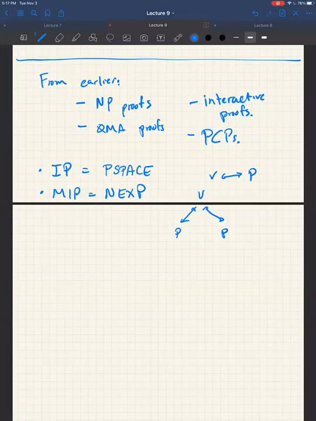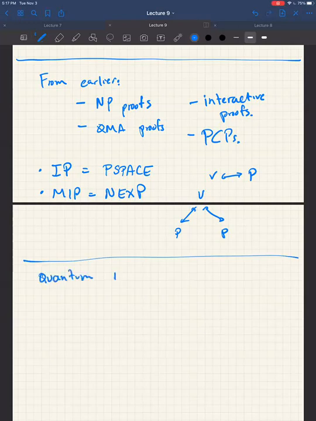Then in 2004, computer scientists who started getting into all this quantum stuff said, why don't we make a quantum twist on interactive proofs? Here the verifier and provers are all classical, but what about quantum interactive proofs?